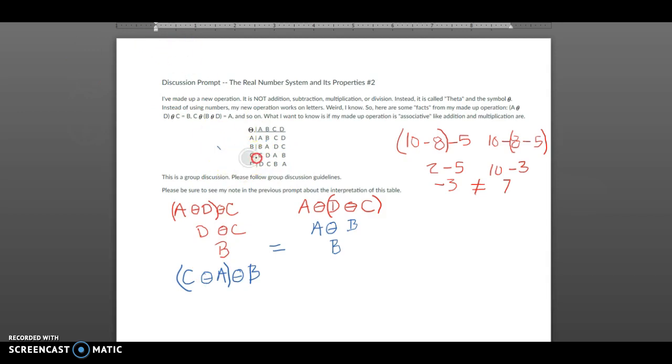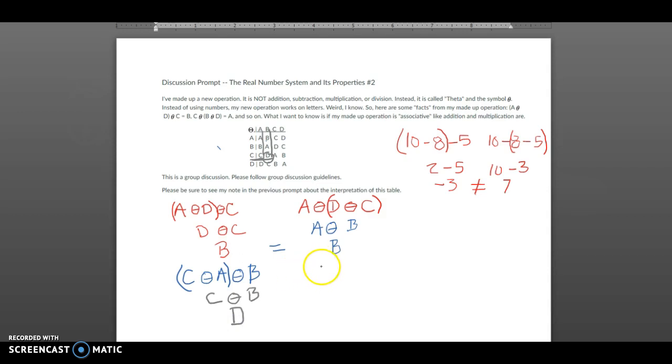I start with C, I go over to A, and I get C. Now I'm going to theta that with B. So I start with C, and I go over to B this time. So I get D. An answer of D.